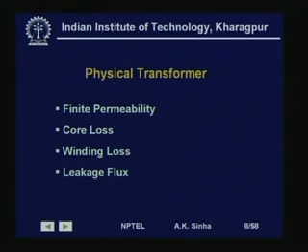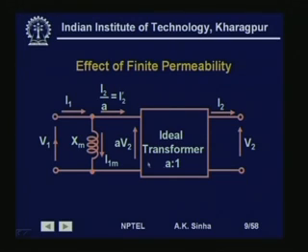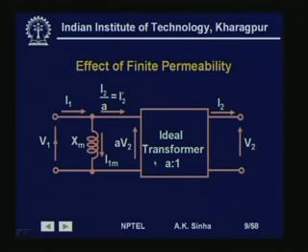Now, how do we incorporate this into the ideal transformer model? We have an ideal transformer model here, which basically means that it is doing only the current and voltage transformation. There are no losses, no current required, and all that, whatever concept we have talked about for the ideal transformer. So, we now want to take out that infinite permeability assumption.